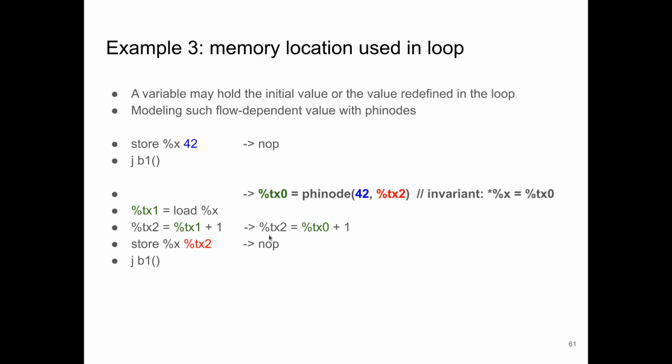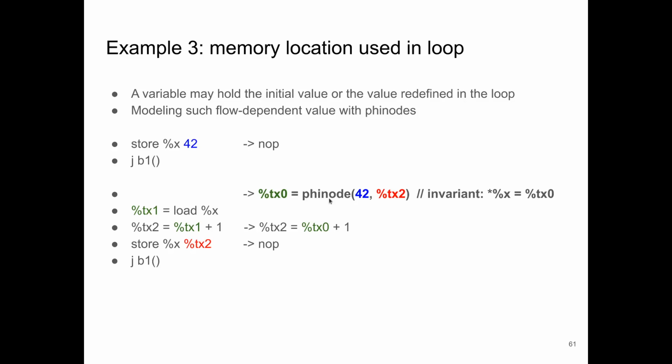So the value that is stored in the location x depends on the control flow, the predecessor of the execution. So we need to somehow express this idea. That idea is nicely captured by this phi node here.